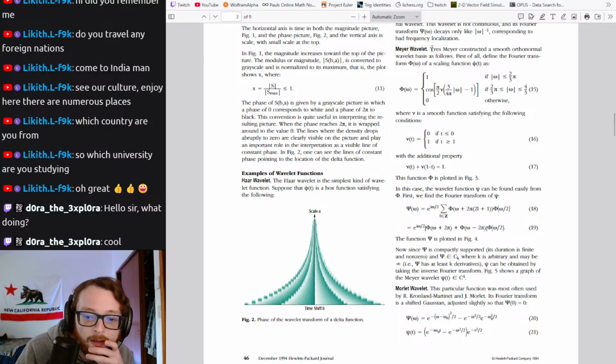Not necessarily about the applications, this is just the construction. What a weird looking function.